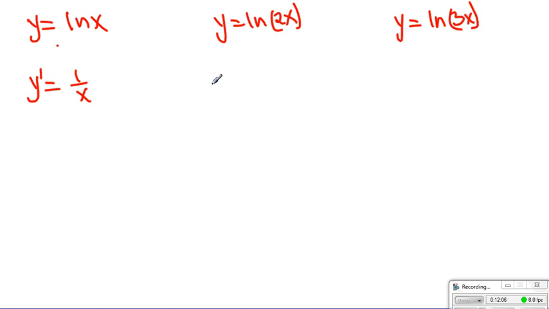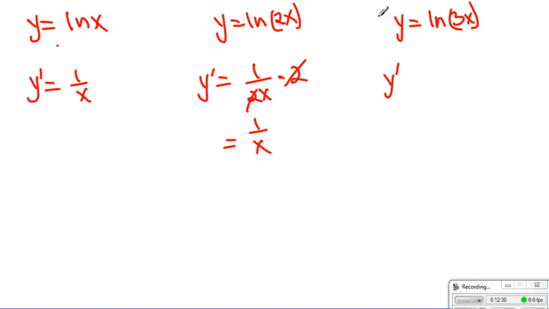That's how we defined it and derived it. But how about the second case? Here we have 1 over 2x times the derivative of the inside, which is 2. Oh, but the 2 cancels out. Interesting. So here we have y prime equal to 1 over x. How about the third one?